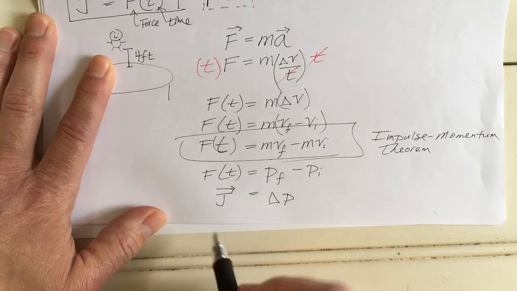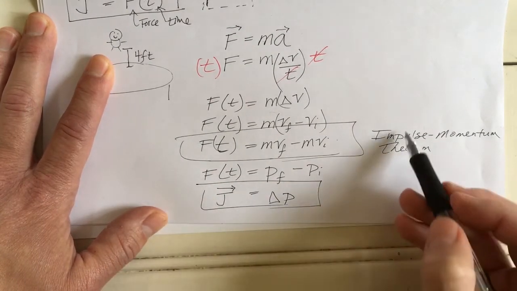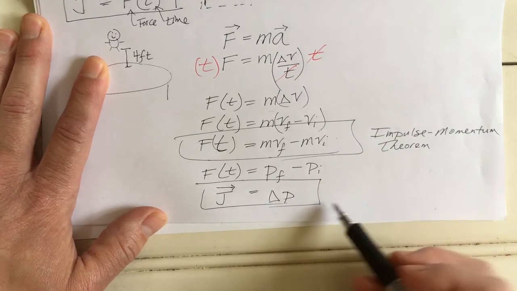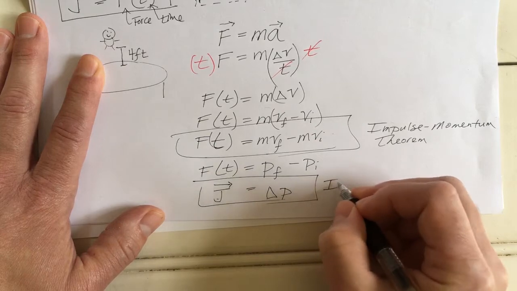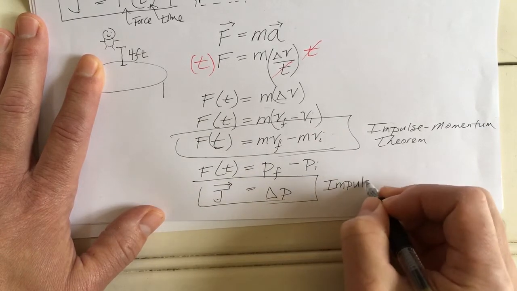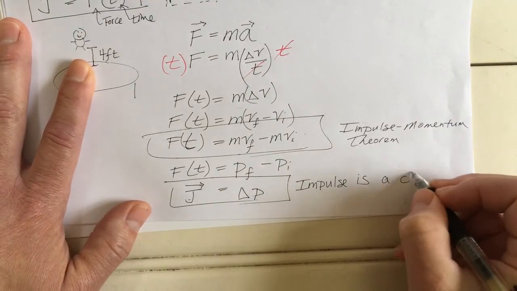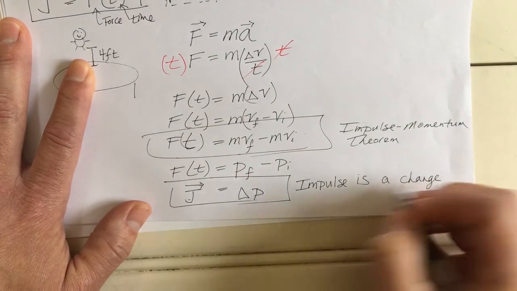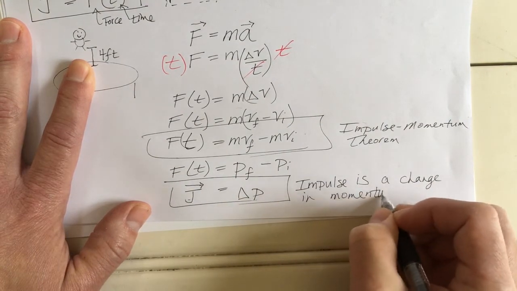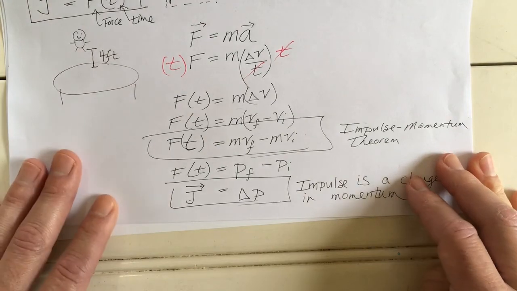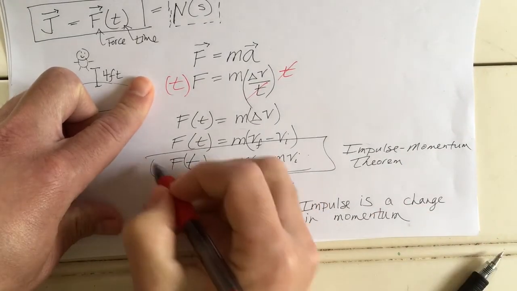So what we're seeing is that the impulse-momentum theorem is telling us that impulse is equal to a change in momentum. And it's not a new formula. When I wrote this, you might think, oh, that's a new formula.